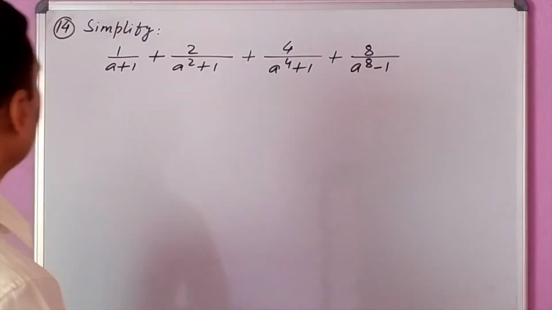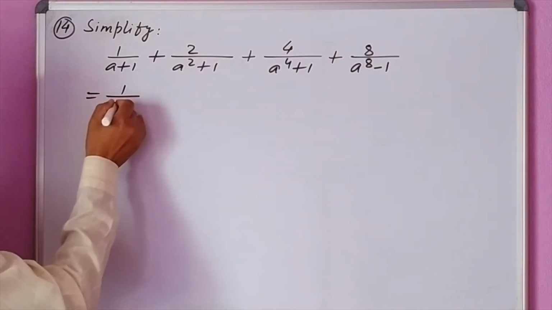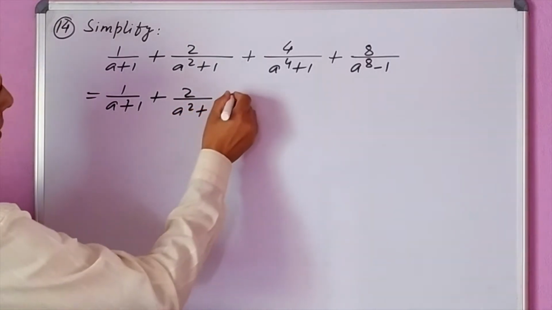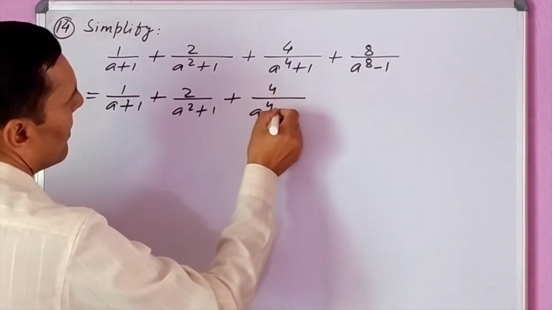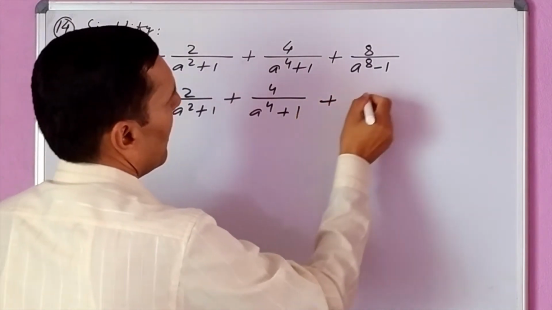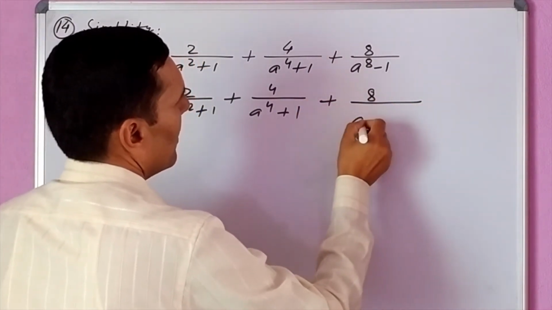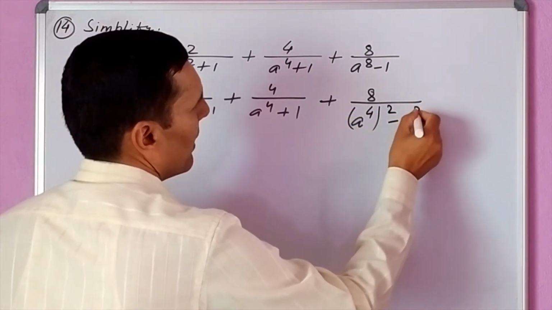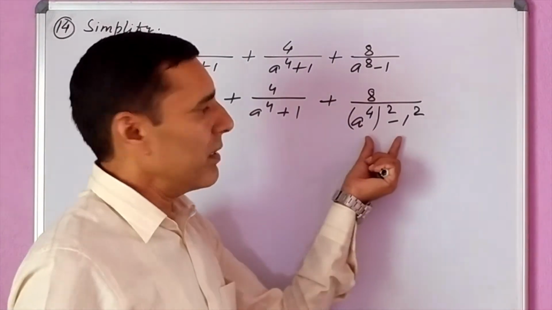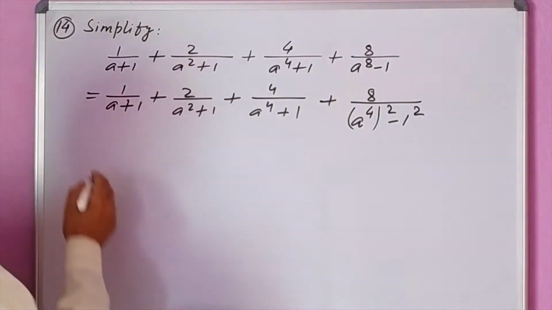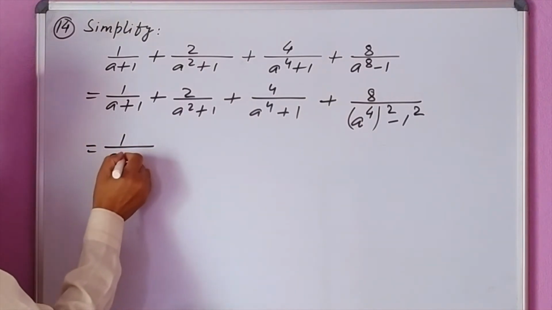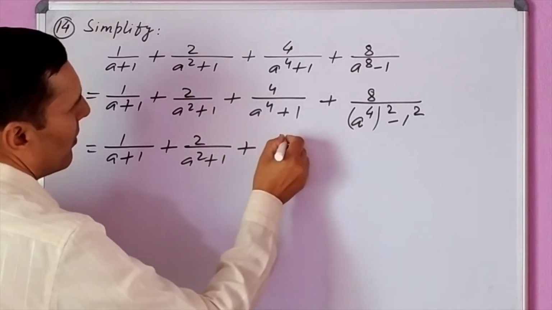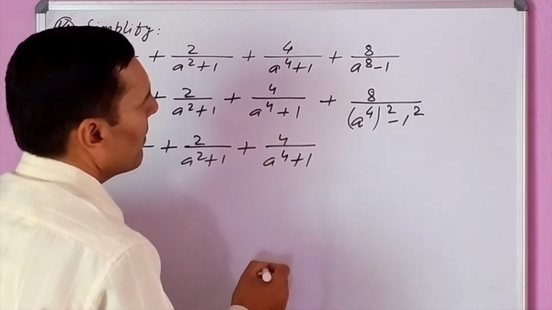Look here, how do we start it? So first term, second term, third term we write as it is, and only the last denominator a to the power 8 minus 1 can be written as a to the power 4 whole square minus 1, which can be written as 1 square, so that it is in the form of a square minus b square. 1 upon a plus 1, 2 upon a square plus 1, plus 4 upon a power 4 plus 1.